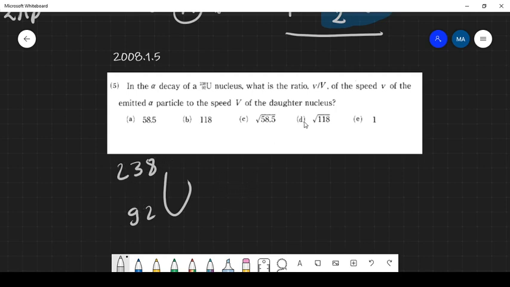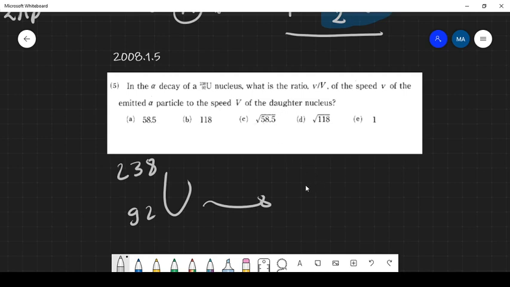What is the ratio? Let's read the question. What is the ratio of small v divided by big V? Small v is the speed of the emitted alpha particle, and big V is the speed of the daughter nucleus.